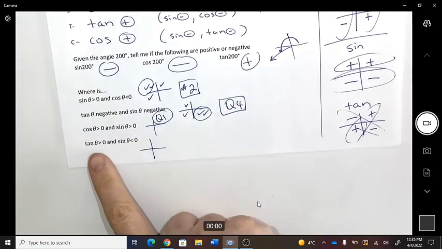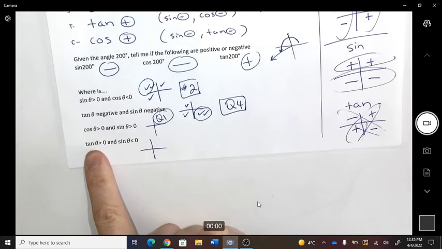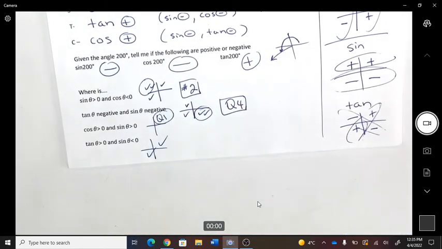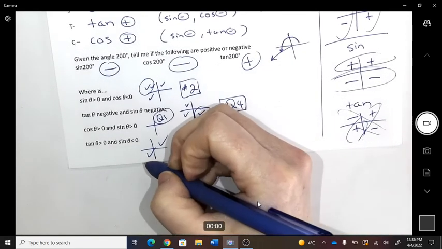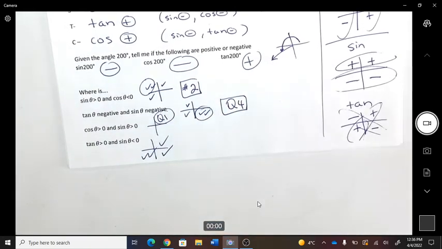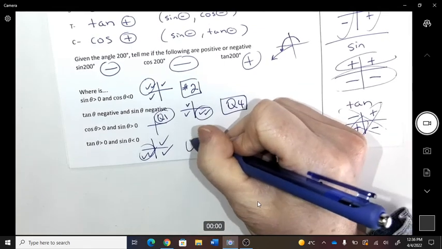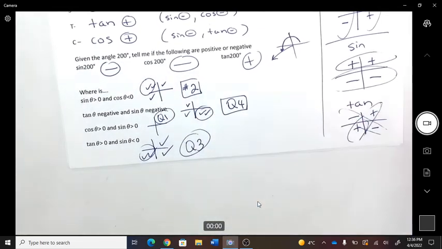All right, last one. Ready? Where's tan positive? So 1 and 3. And sine also has to be negative. So then that is 3 and 4. So where are both things happening? In quadrant 3.